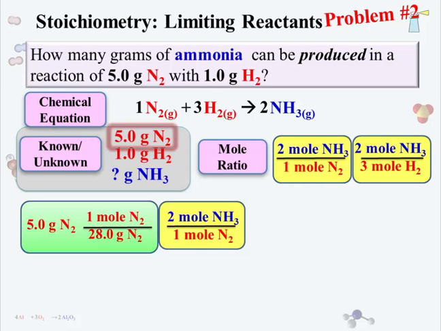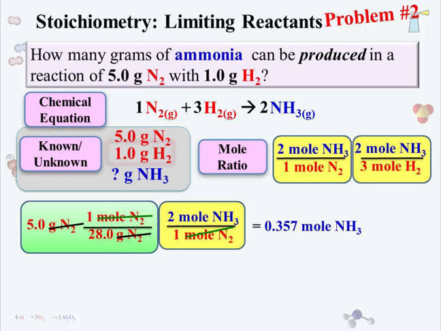Be sure to put grams in the denominator so that grams cancel out, as well as moles of nitrogen. The objective is to compare amounts of ammonia produced by the 2 reactants. This can be done by comparing grams of ammonia or by comparing moles of ammonia. 5.0 grams of nitrogen can produce 0.357 moles of ammonia.